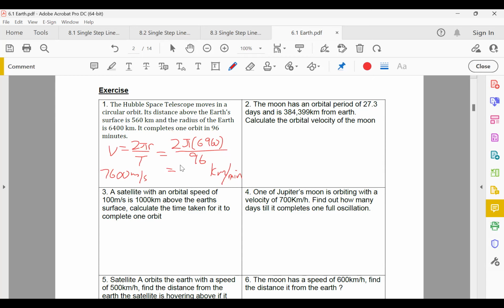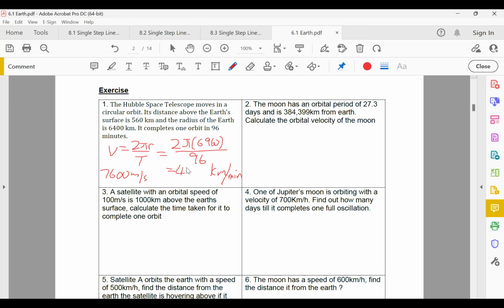It's so small, 4.7 times 10 to the power 0, so it's just 4.7 only. So little, I would think it's not correct. Wait, the answer is 455, not 4.5.